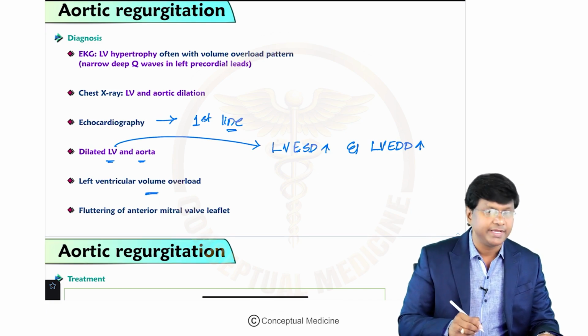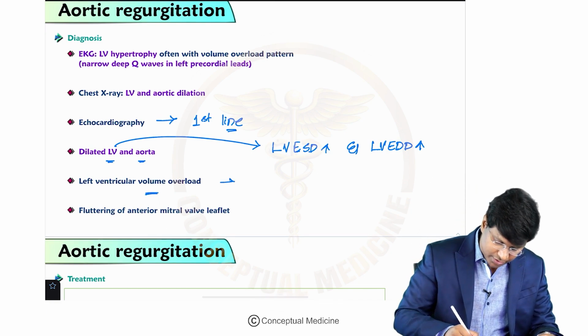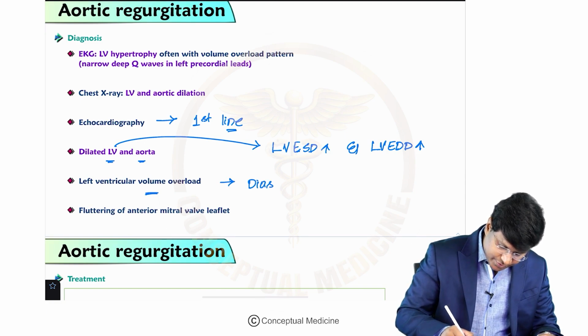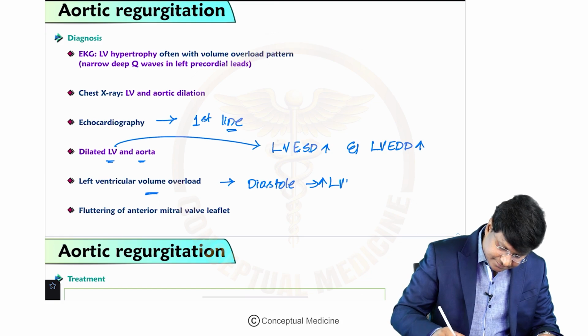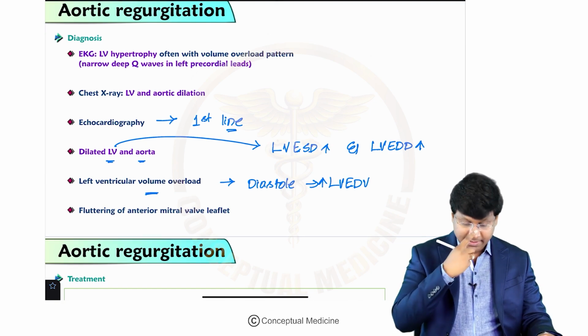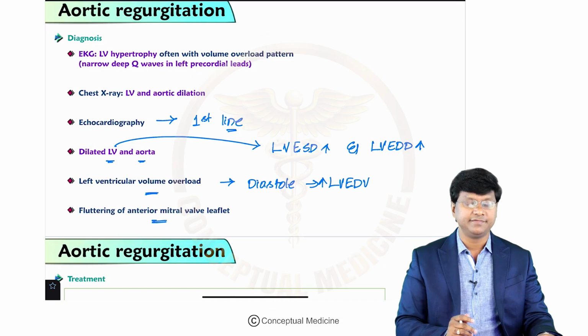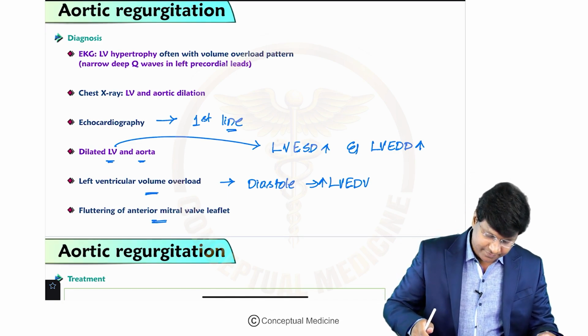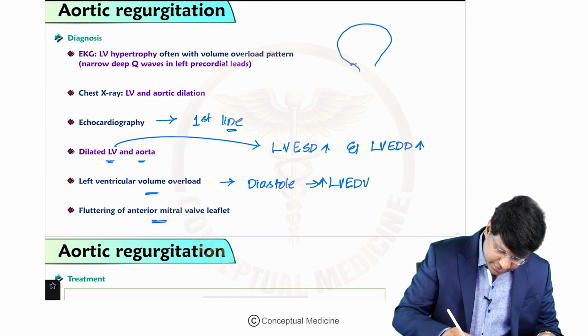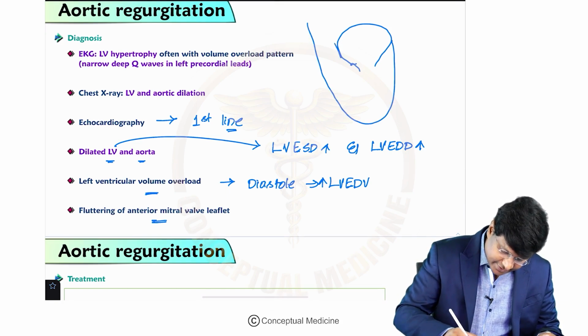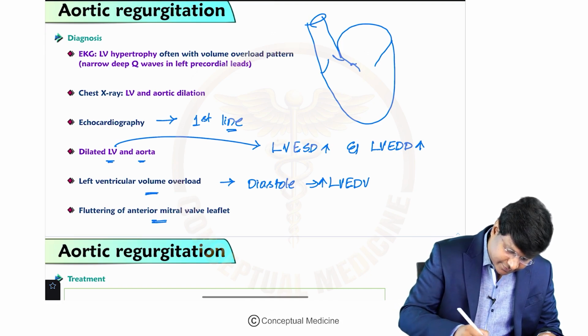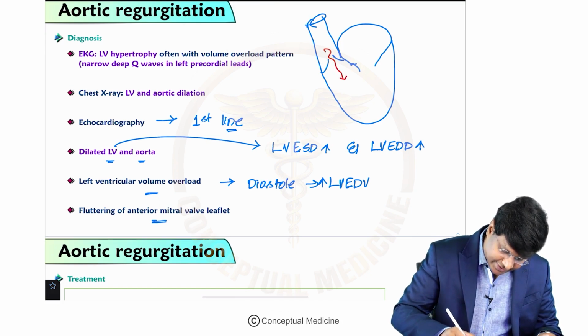And you will be able to make out left ventricular volume overload during diastole. So during diastole, you can make out that there is an increase in the left ventricular end-diastolic volume, and you can also make out fluttering of the anterior mitral leaflet. See the regurgitant jet. So this will be your left atrium, then left ventricle giving rise to the aorta, and this will be the aortic valve, and this will be the regurgitant jet.